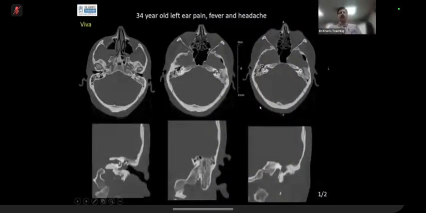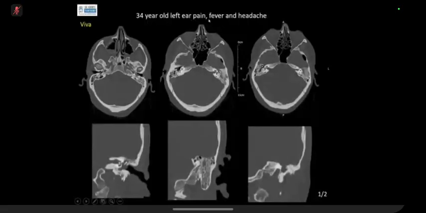Now, this, on the other hand, is a classical exam case. Because of time factor, I'm going to talk through a few findings, and then I will ask you, candidate 3. If you see here, the patient clinically had a lot of ear pain, fever, and headache.